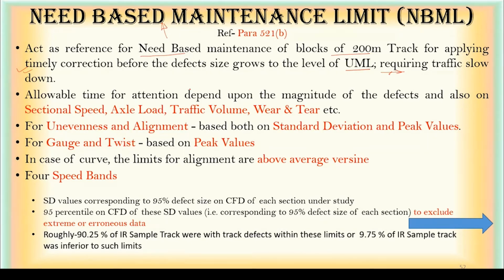But what will be the standard time for applying correction once our track parameter has crossed the limit of NBML? That will depend on local conditions, and the concerned sectional PWI, sectional AEN, sectional senior DEN can decide it in a better way. Of course, it will depend on many factors, as you can appreciate. What are the loading conditions? What is the speed on the track?